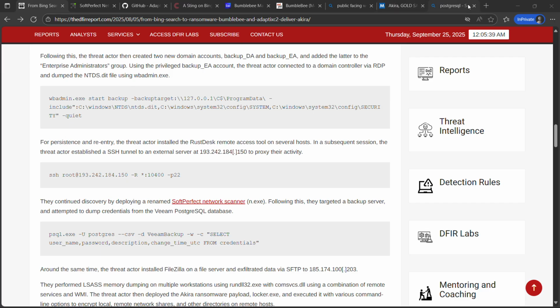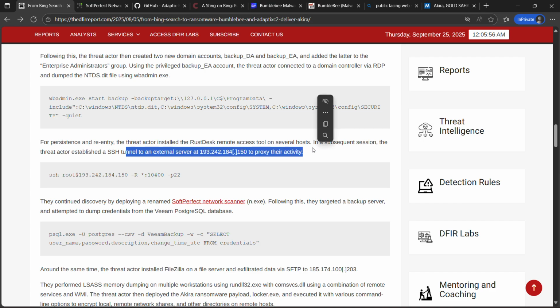Okay, so for persistence and reentry, the threat actors installed the RustDesk remote access tool on several hosts. In a subsequent session, the threat actor established an SSH tunnel to an external server at 193.242.184, the proxy directive.